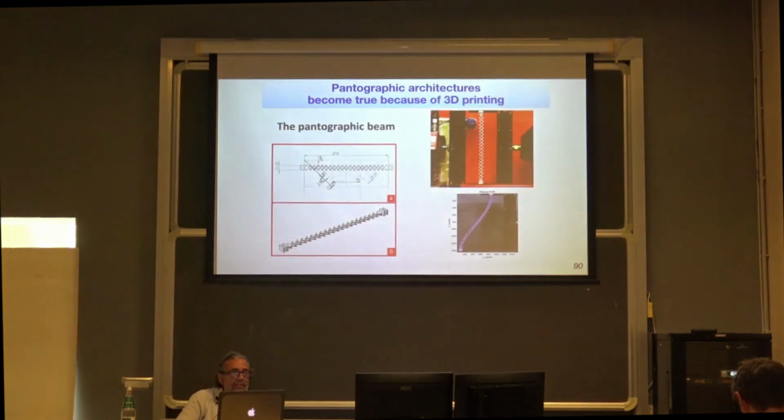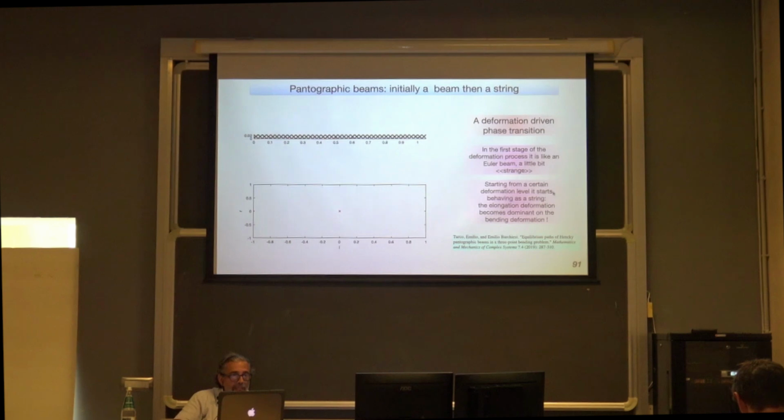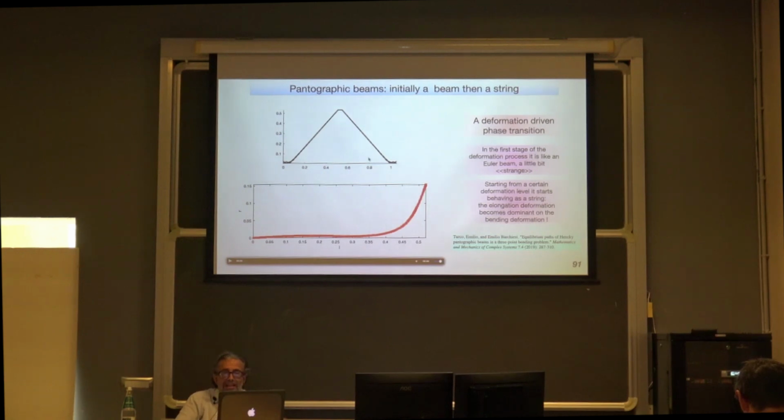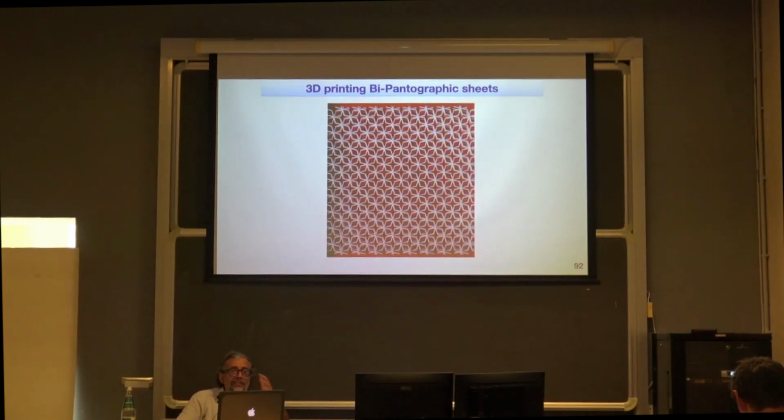I must go quickly. So, pantographic beams studied in Berlin, pantographic beams which behave at the beginning as a beam and then as a cable, and this is a nice phase transition, elongation deformation guided.